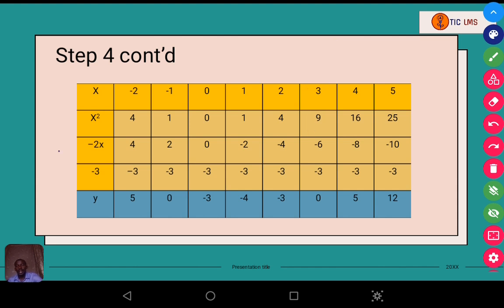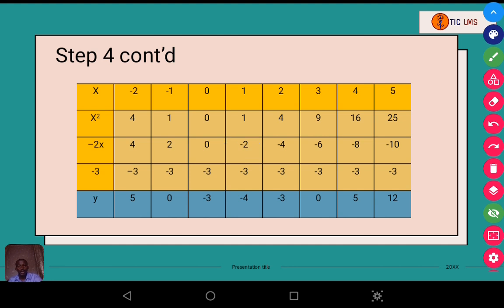Now, let's look at the third row where we have -2x. Now, if our x is -2, that will be -2 multiplied by -2, and that's how we get 4. Let's consider this when our x is 1, that will be -2 multiplied by 1, and here we have -2.